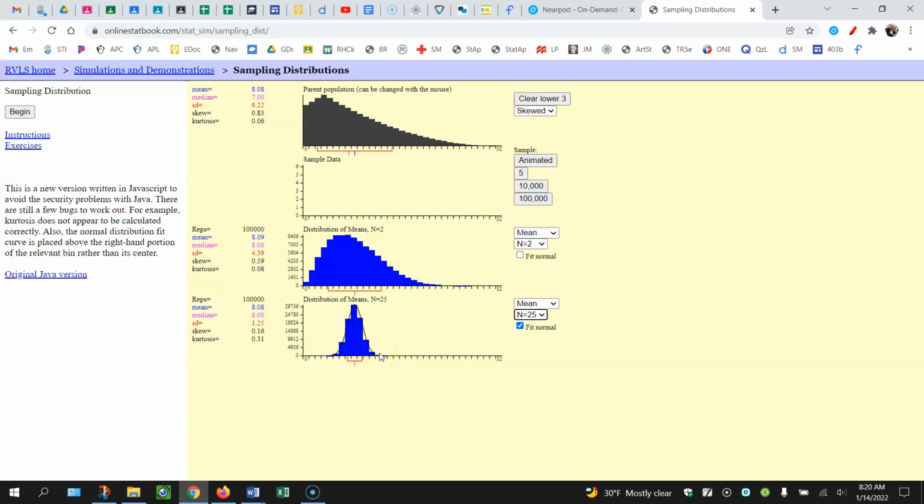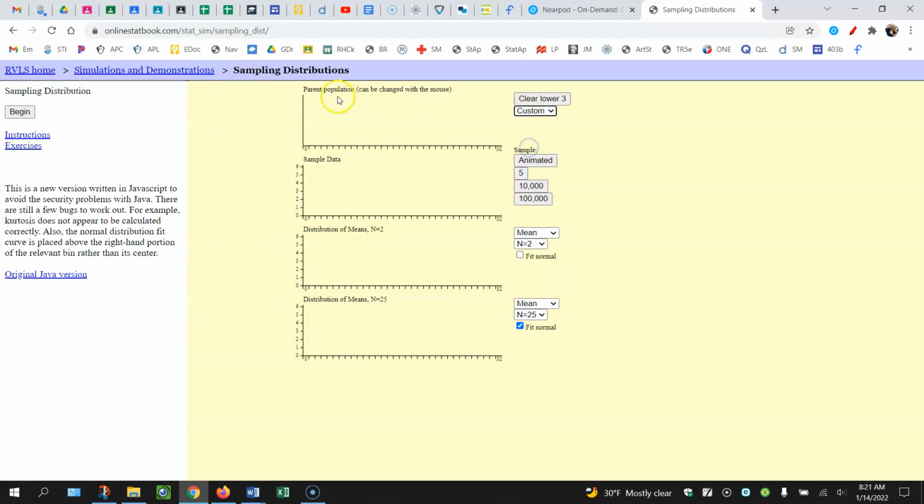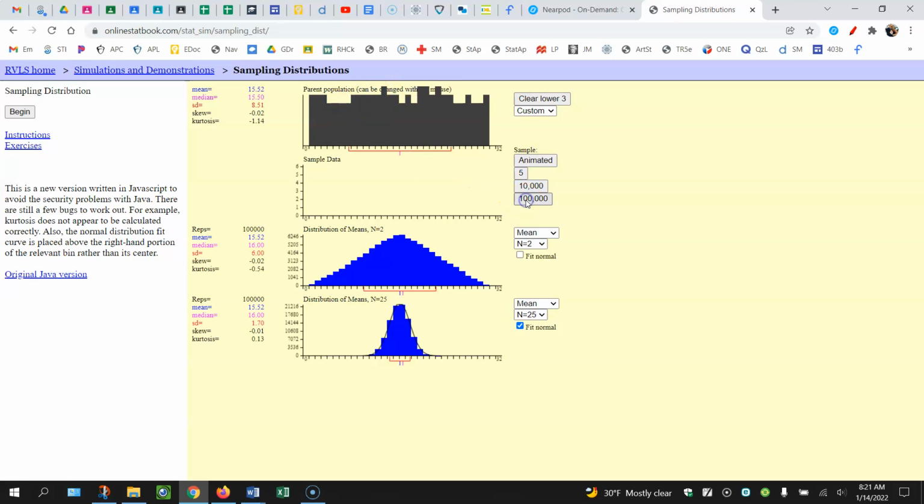So the n greater than or equal to 30 rule is saying if the population is not approximately normal, whether it's skewed right, skewed left, just some really crazy shape, or maybe it's uniform. Let me change this so you can see if it's uniform. If this is roughly uniform, somewhat uniform, we do the same thing.